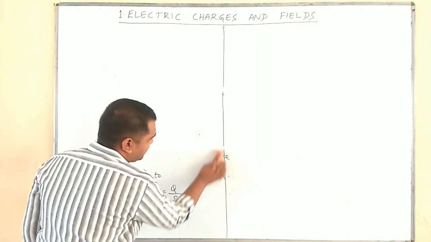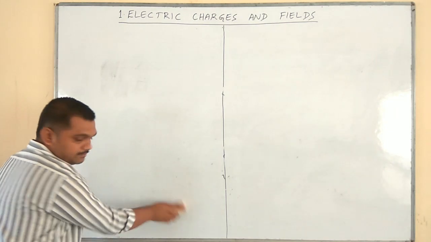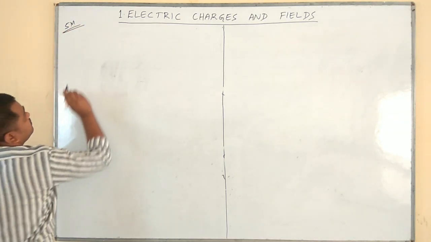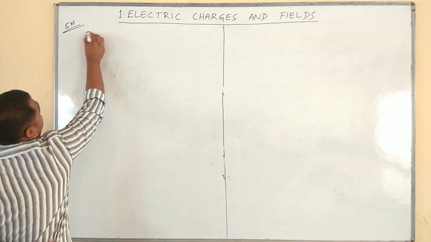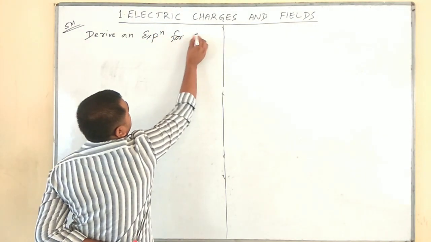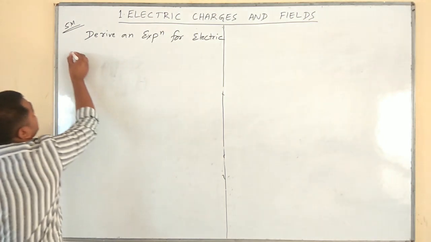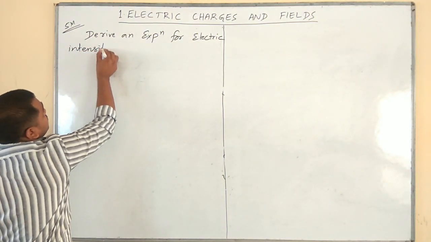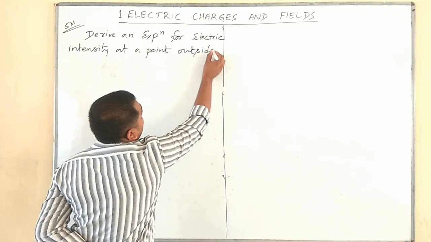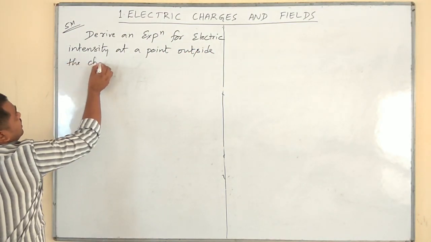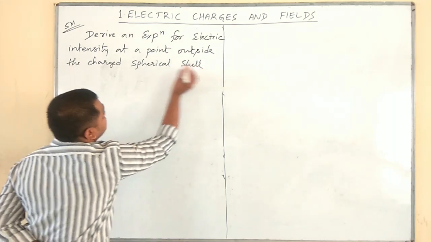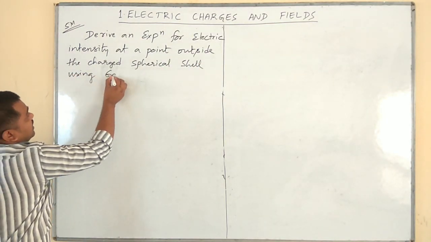First application, a very important question for 5 marks: derive an expression for electric intensity at a point outside the charged spherical shell using Gauss law.